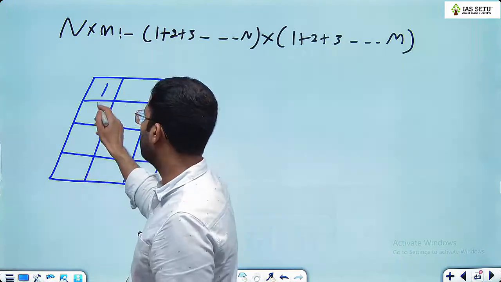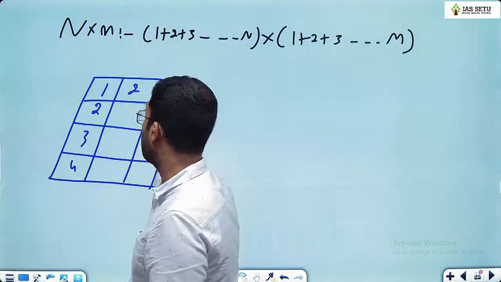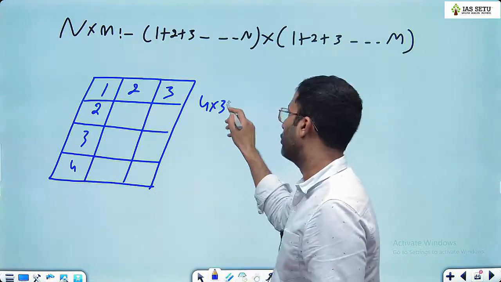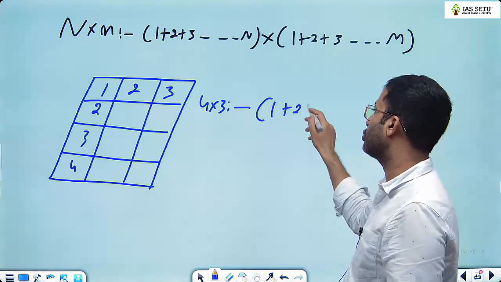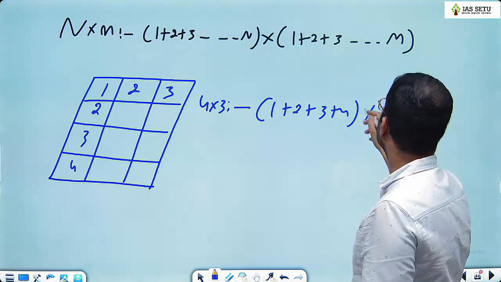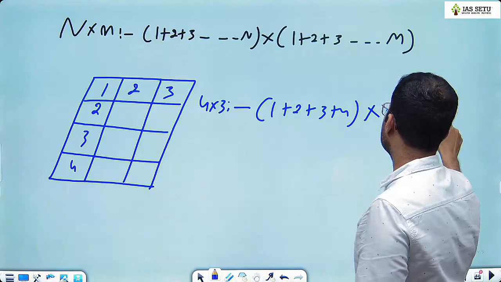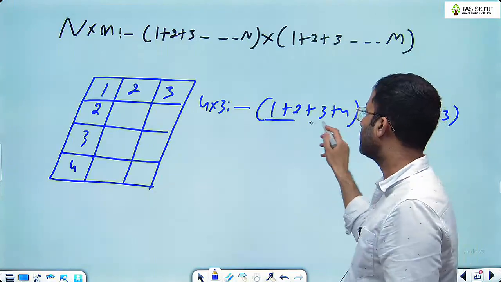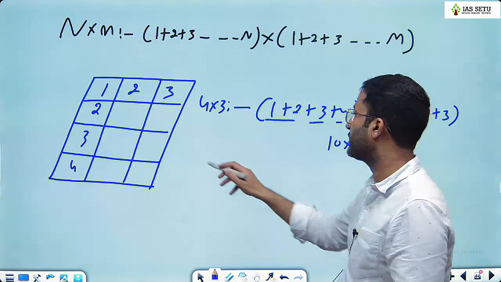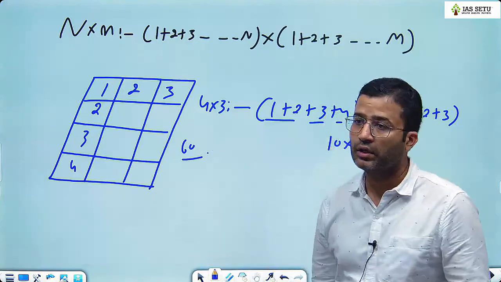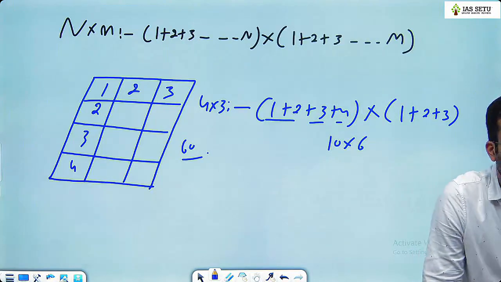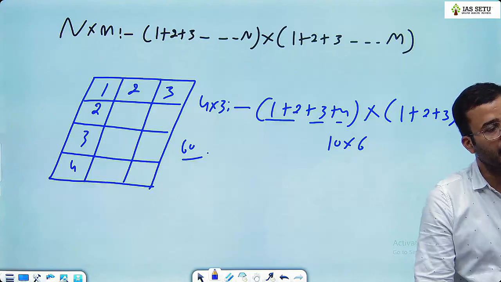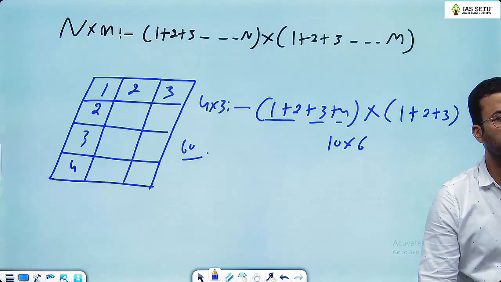This given figure is 1, 2, 3, 4, 1, 2, 3. 4 by 3. Bracket start 1 plus 2 plus 3 plus 4, bracket close. Second bracket start 1 plus 2 plus 3. 10 into 6, 60. In this given figure, there are 60 parallelograms. So what you remember: rectangle and parallelogram have the same shortcut.